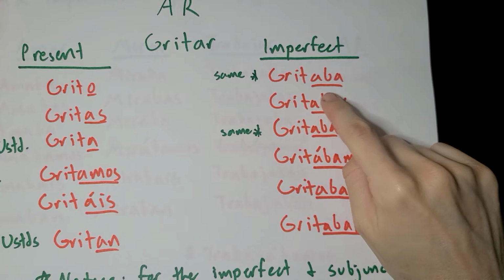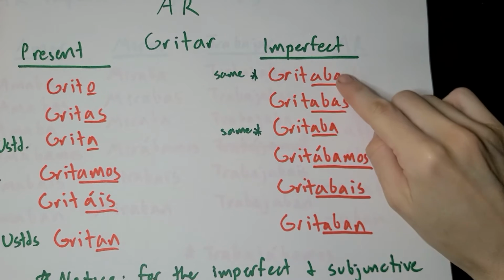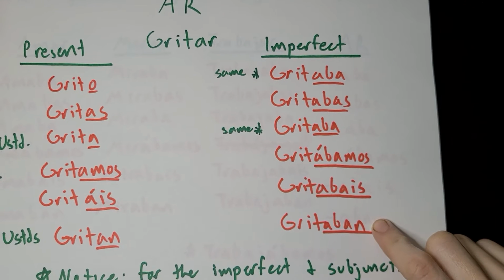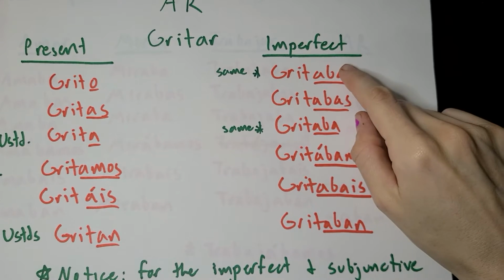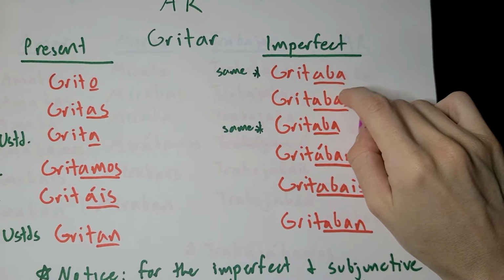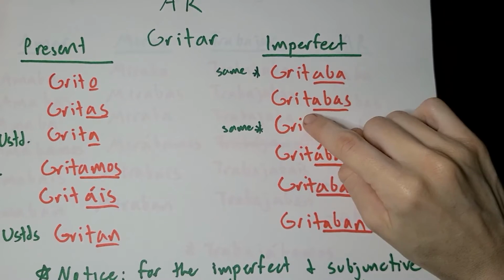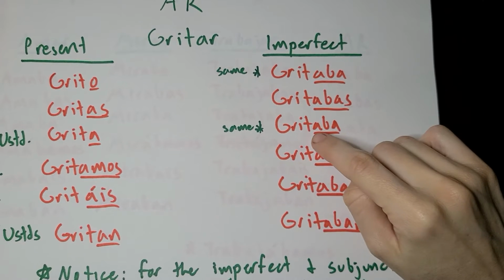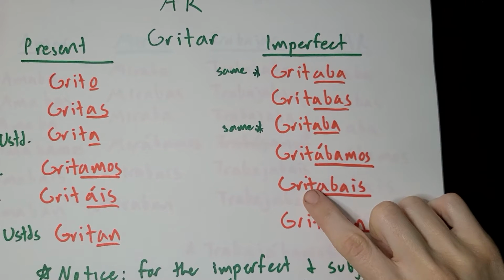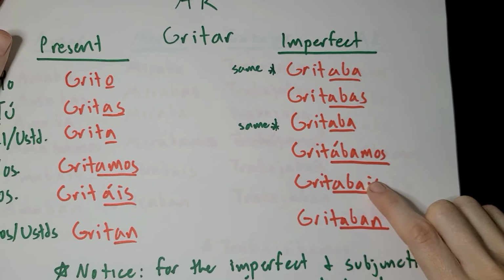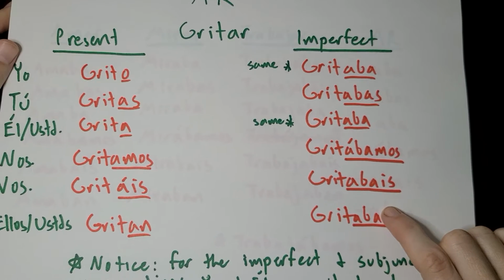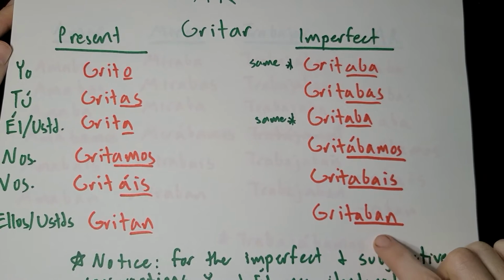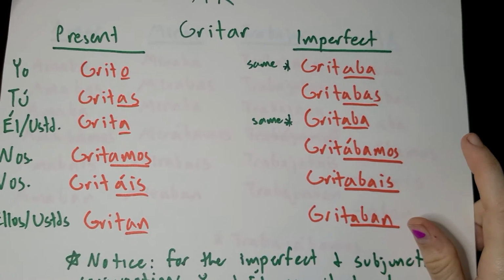So you're adding an aba to the end, and then all of them kind of follow the similar pattern that you should be familiar with by now. So you start with aba for yo, abas for tú, aba for él, ábamos for nosotros, abais for vosotros, and aban for ellos. So let's look at this.